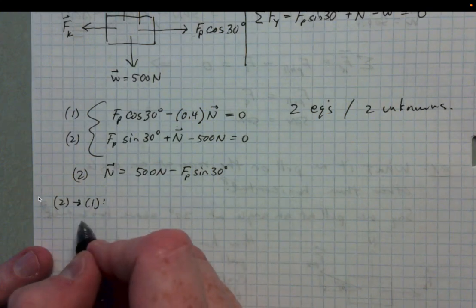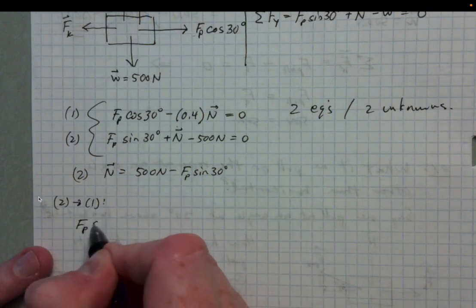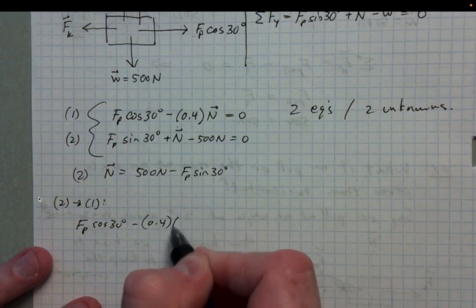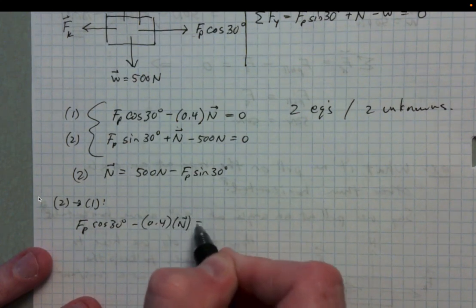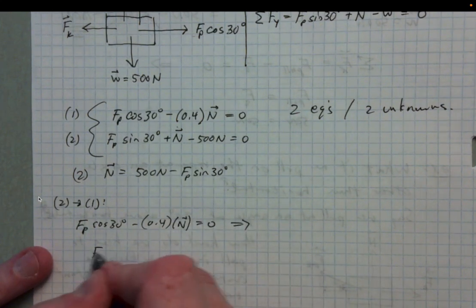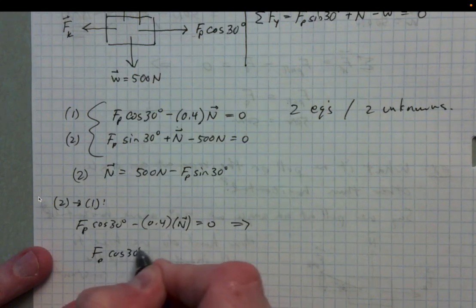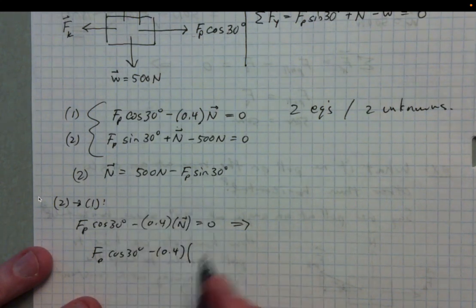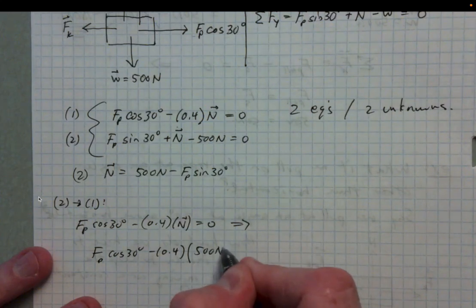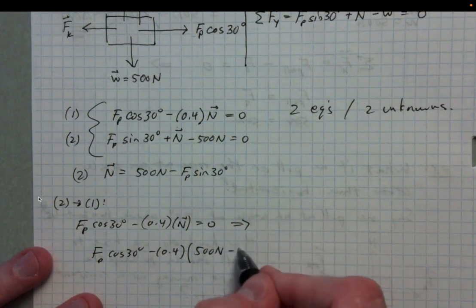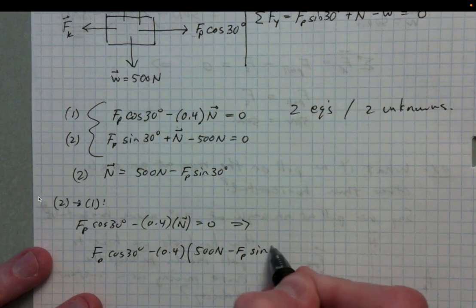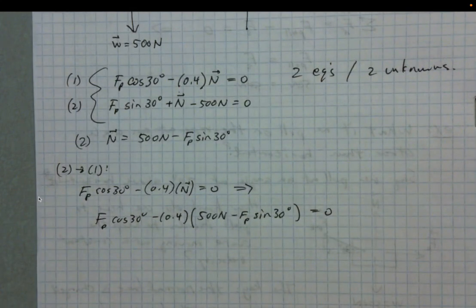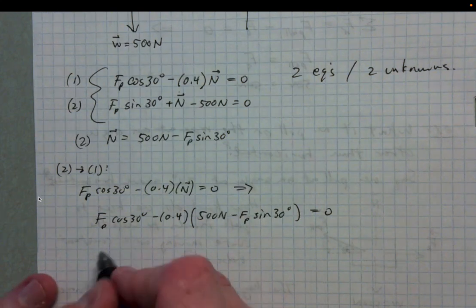Okay, and so I get F sub P cosine of 30 degrees minus 0.4 times the normal force equals 0. Okay, so that's F sub P cos 30 degrees minus 0.4 times this 500 newtons minus F sub P sine of 30 degrees, and that equals 0, right? Okay, well, let's see.